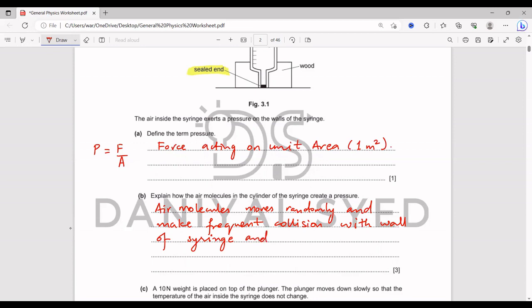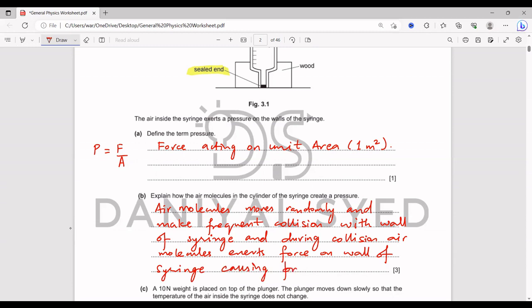And during collision, air molecules exert force on the wall of the syringe, causing pressure.